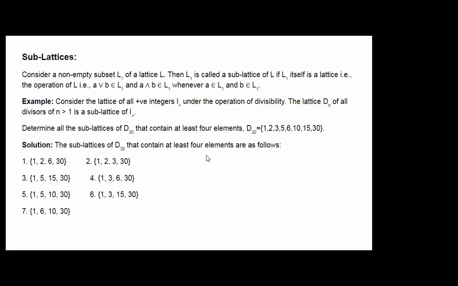Then next come the sublattices. What are the sublattices here?